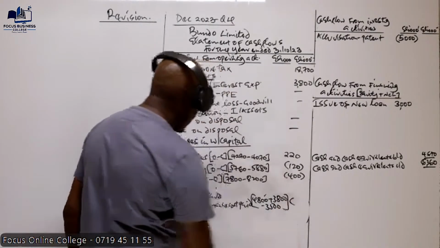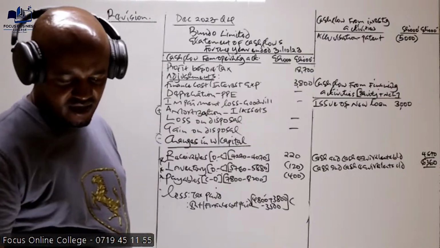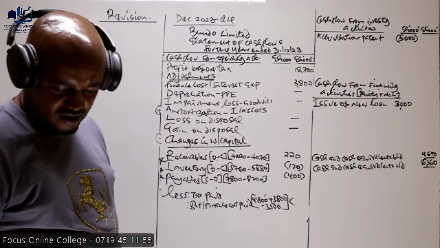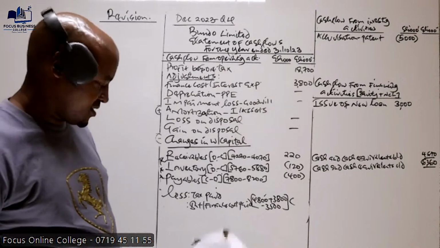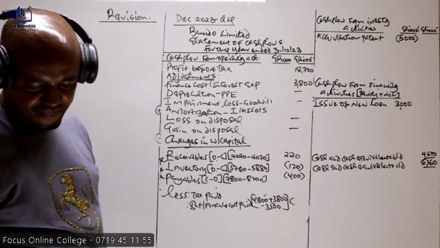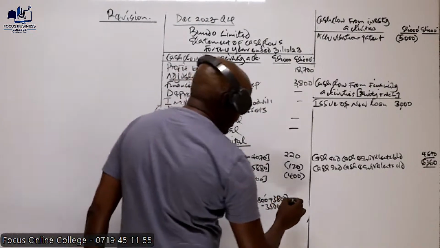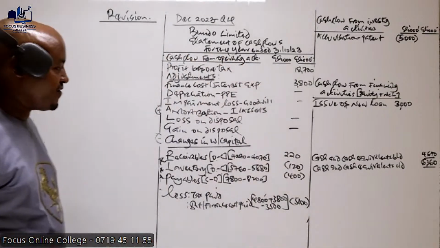That is basically how we compute the interest which was actually paid during that year. So it will be 48 plus 38 minus 35. And what are you getting here? I'm getting a figure of 51, yes.